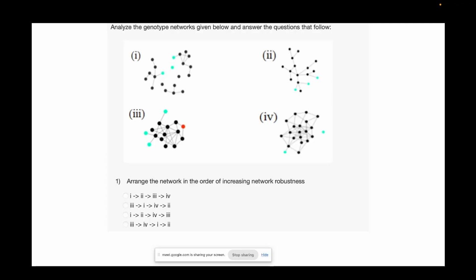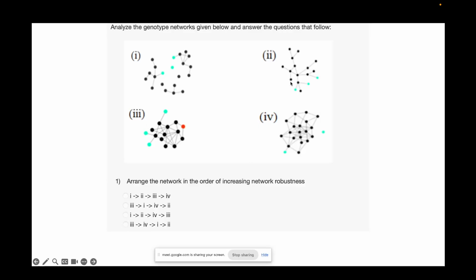The idea is that if you have more connections and alternative paths between nodes, they indicate higher robustness. So if you consider the first network, this is a relatively sparse structure and it has very few connections between the nodes compared to the other networks.